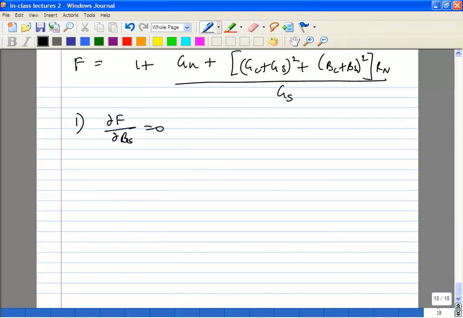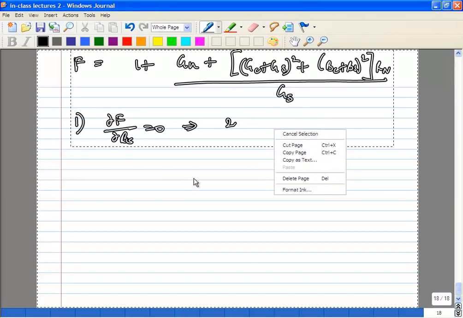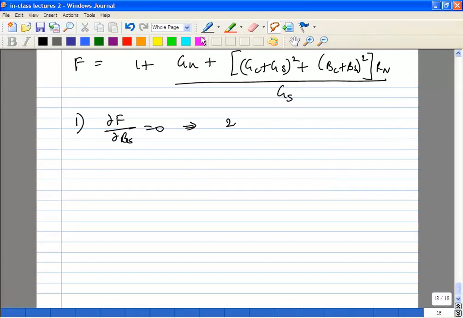Let's first apply this condition. Let's find out the imaginary part. So obviously all of these are 0. So what does this mean?